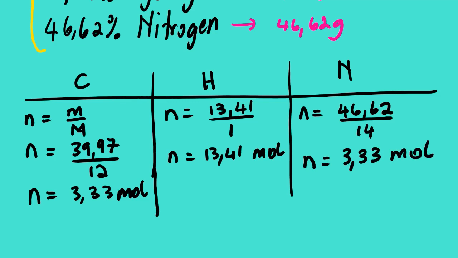Then remember, we divide by the smallest number of moles, which in this case is 3.33.